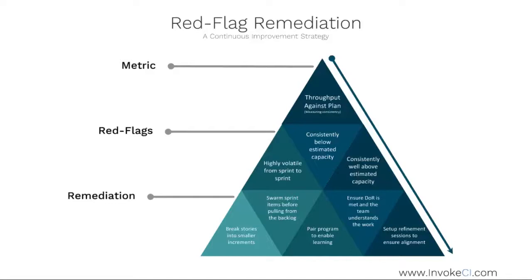One may be that you break stories into smaller increments. Another may be that you swarm sprint items before pulling them back into the backlog. So focus on the work you've committed to in that sprint rather than pulling from backlog items before that work is done. Maybe your teams could pair program to enable learning opportunities and skill set development that will put you into a better position to complete work within the sprint itself.